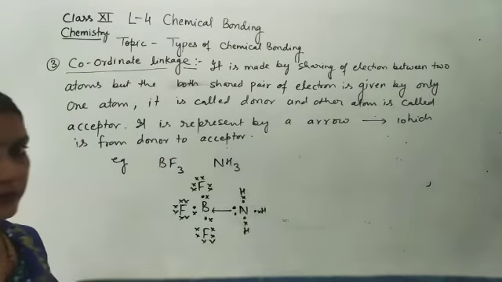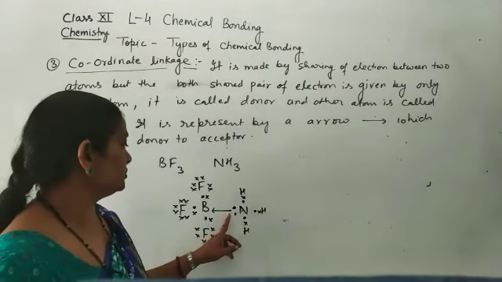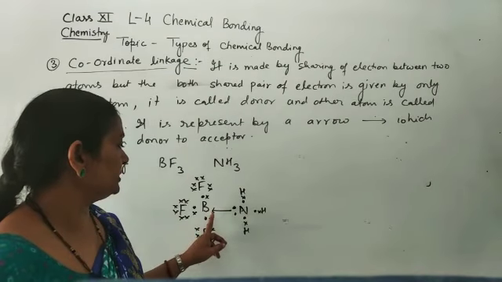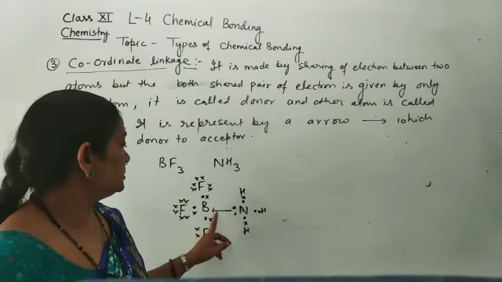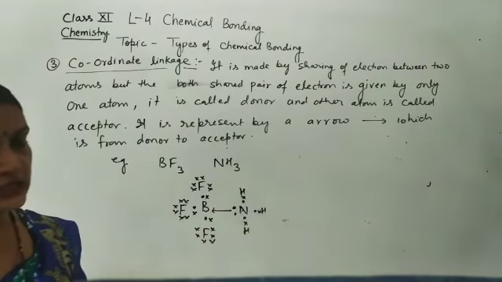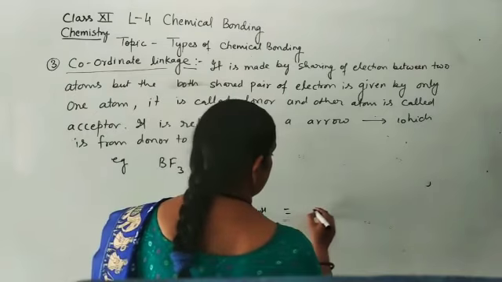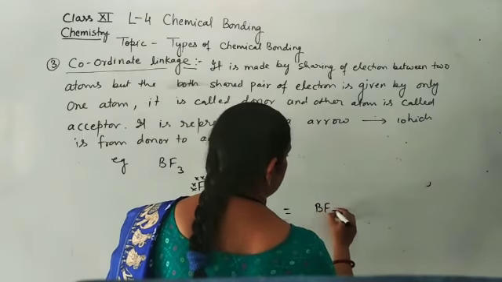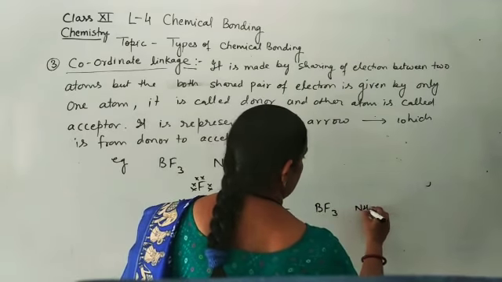This lone pair of electrons from the ammonia is shared with the boron, and this is coordinate linkage. So it is represented as BF3 and NH3.